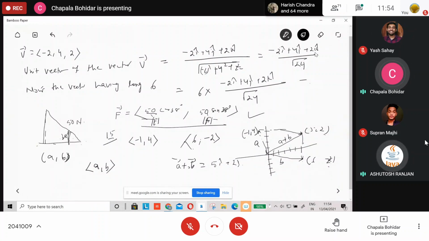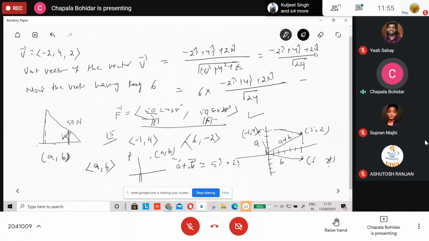Yes, the point A, B, while it is the position vector, the bracket A comma B is a point in the two-dimensional plane. P is a point in two dimensions, so both are in two dimensions.